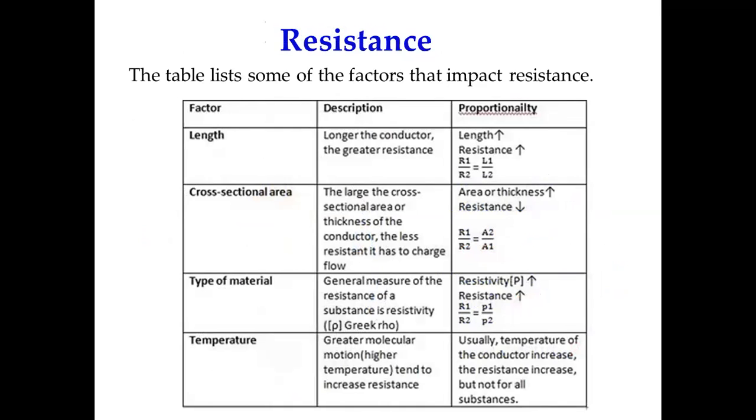These are the factors that impact resistance. If you have greater length, the resistance would be more. If you have shorter length, like we have seen in the parallel circuit, with shorter lengths and many components connected in parallel, there would be very little resistance. But if you have more length, more resistance. With a larger cross-sectional area or thickness, resistance is less.